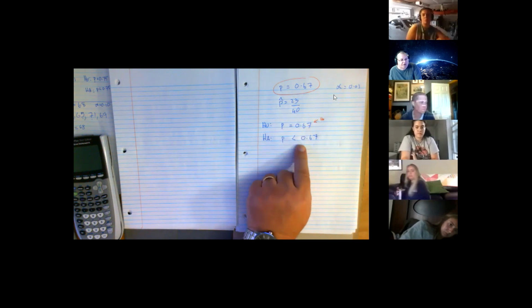Isn't the null always the data from the past? So that is going to be H0, and it comes from here, right? In this story, they ask us, is there enough evidence to show that that percentage has declined, right? So, agreed? The null is it's still 67% pass rate. The alternate is it's got less.